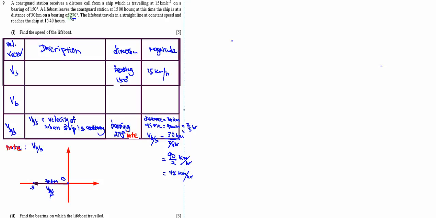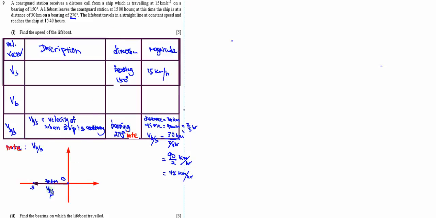Okay, so VBS will actually be directly traveling from the station to the ship at a bearing of 270. In other words, VBS, ship stationary, and the condition here is to actually intercept.